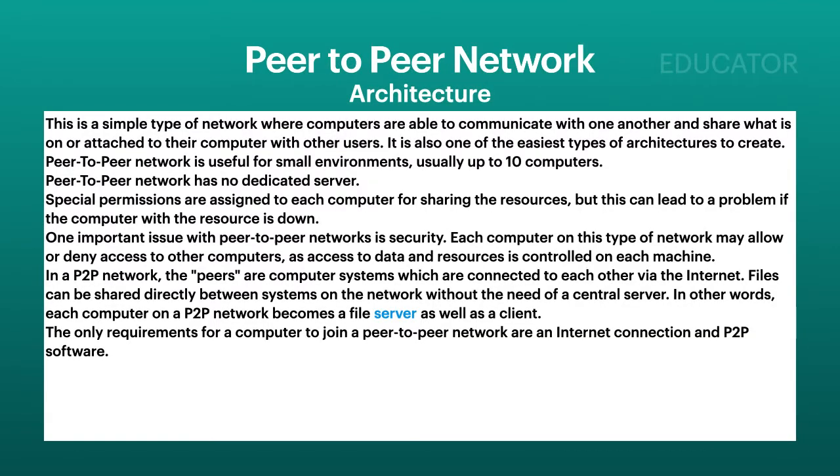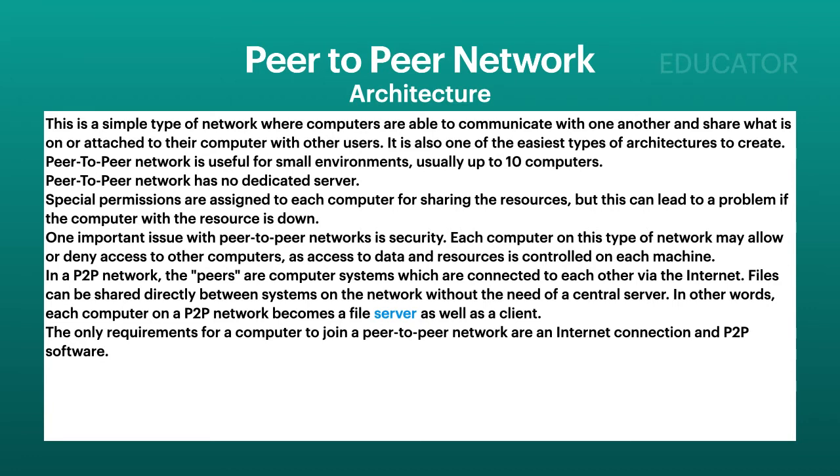If we discuss peer-to-peer in more depth, it is a simple type of network where computers are able to communicate with one another and share what is attached to their computers. If I have machine 1 and I want to get data from the third machine, I can easily get that data on my system through the share process, because I can get access to the third node.